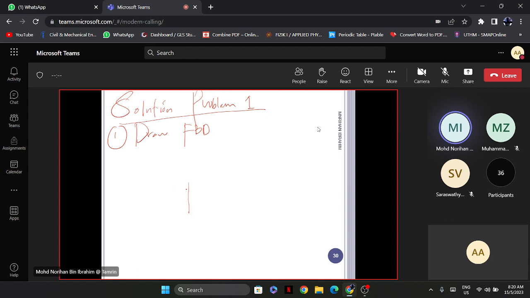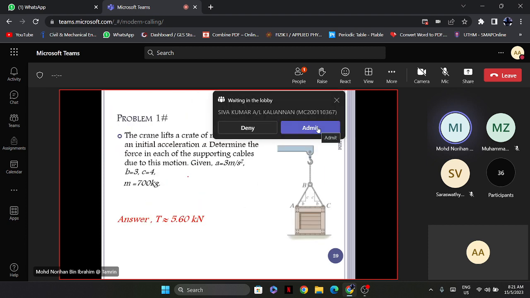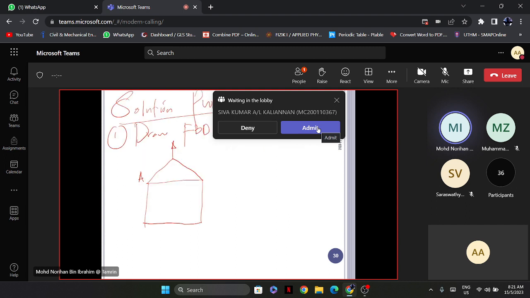So we have the crate. The supporting cables are AB and BC.